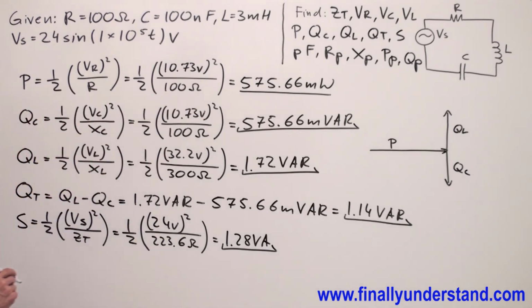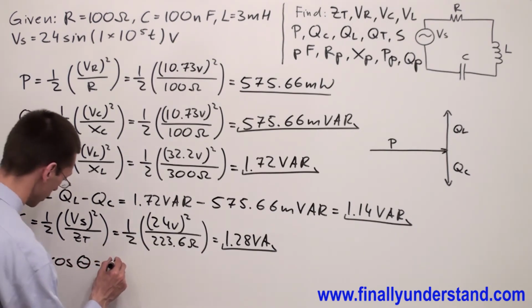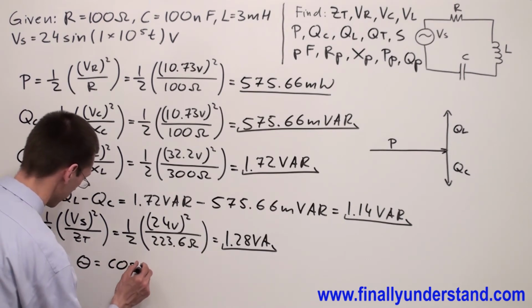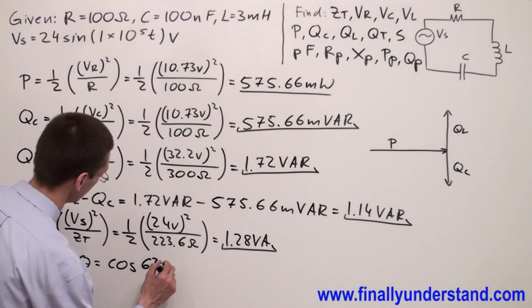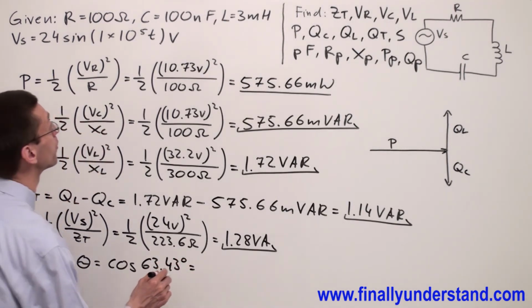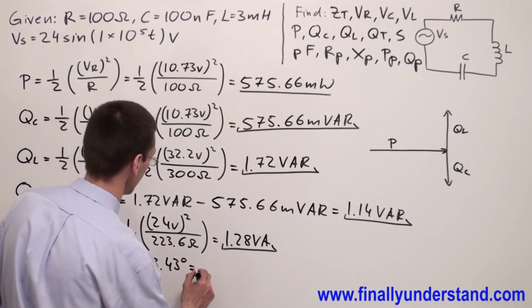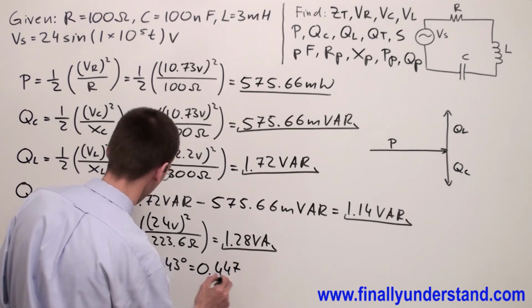Next, we're supposed to find the power factor. Power factor is equal to the cosine of angle theta. Theta is the angle which is next to Z total. So cosine of angle 63.43 degrees is equal to 0.447.